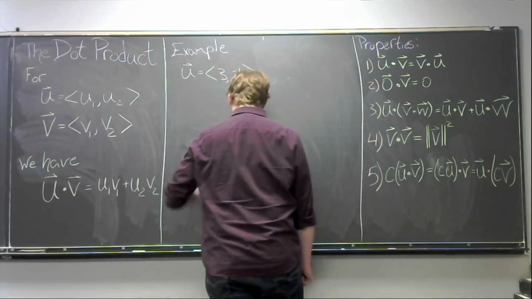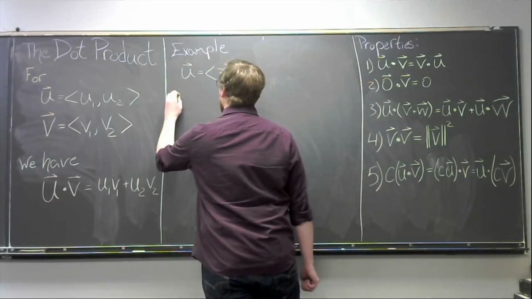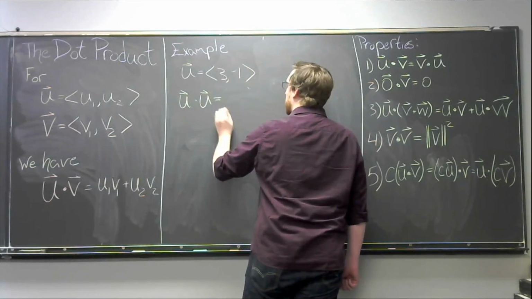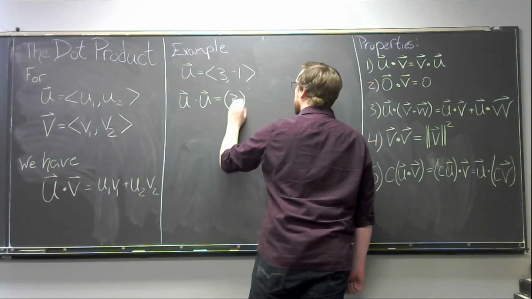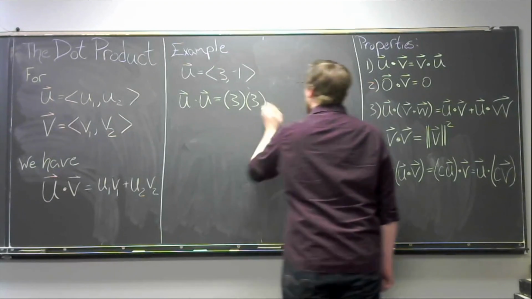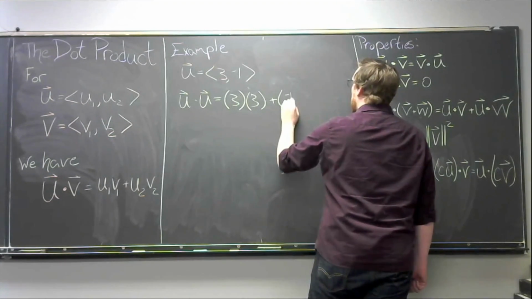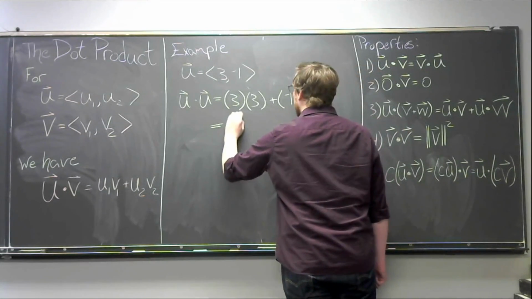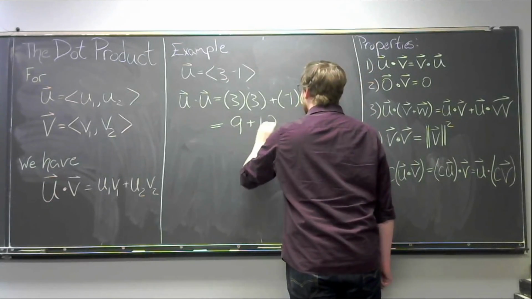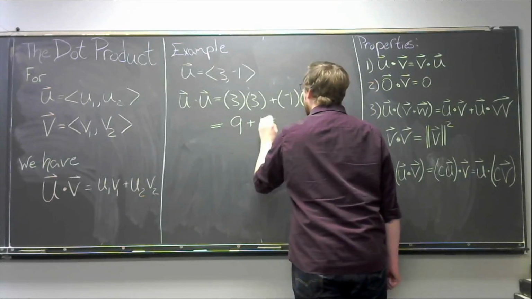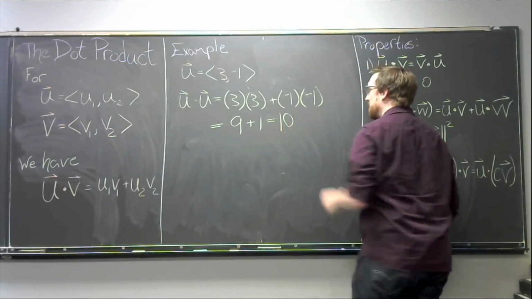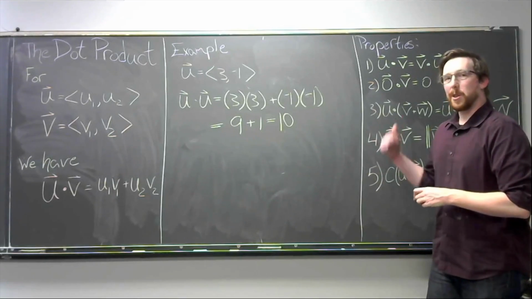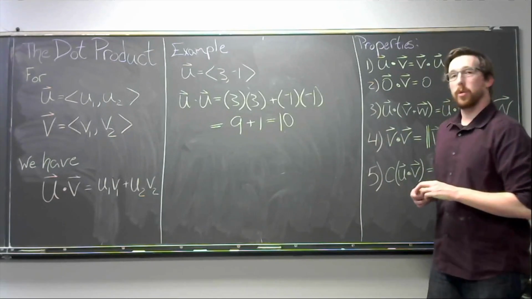Okay, u dot u is going to be equal to 3 times 3 plus negative 1 times negative 1. This is going to be equal to 9 plus 1, which is equal to 10. Now, let's find out what the magnitude of u is.